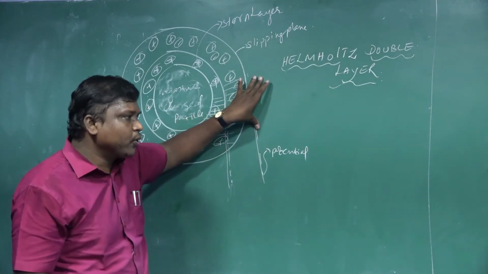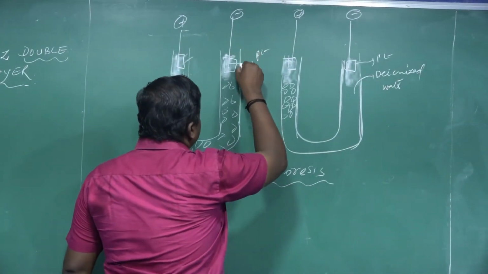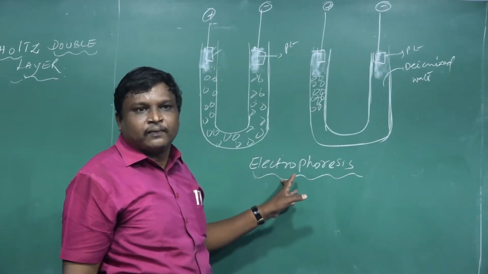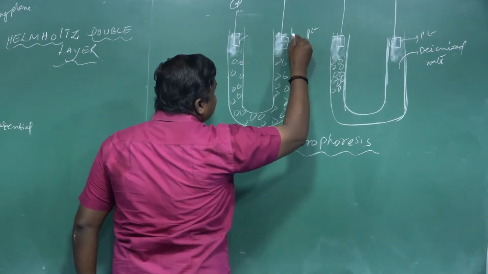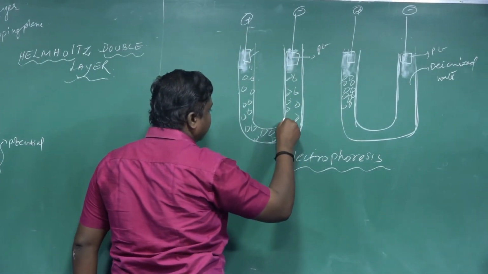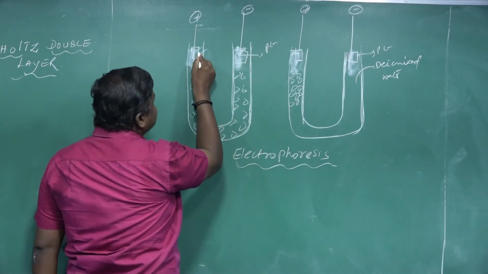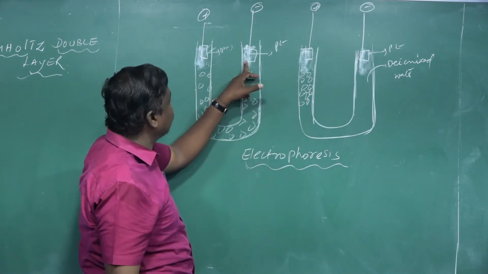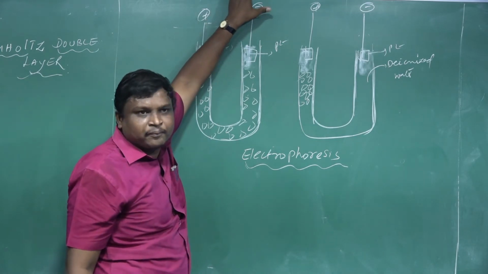Okay. Next, go to electrophoresis. This is called electrophoresis or cataphoresis. This is a U-tube. Two platinum electrodes: one is a positive charge, another one is a negative charge.